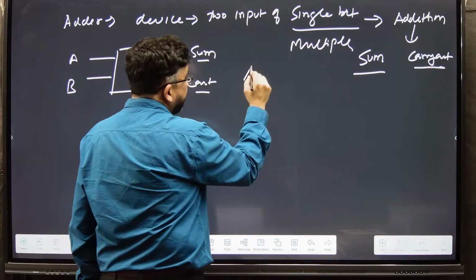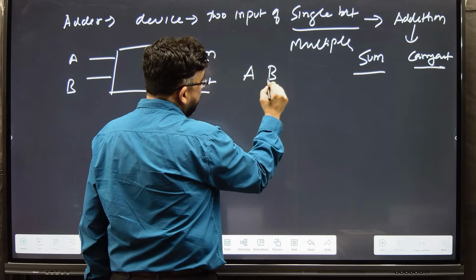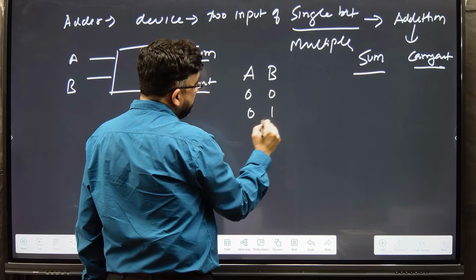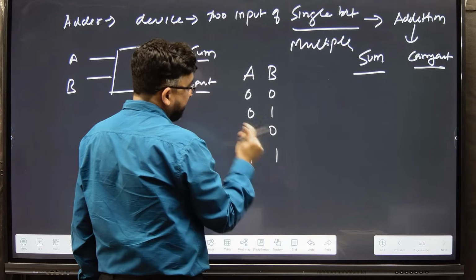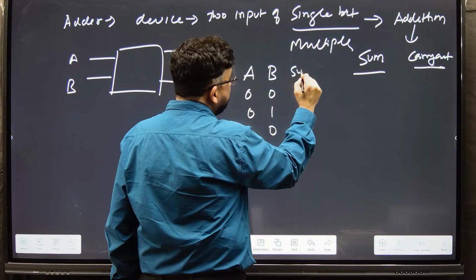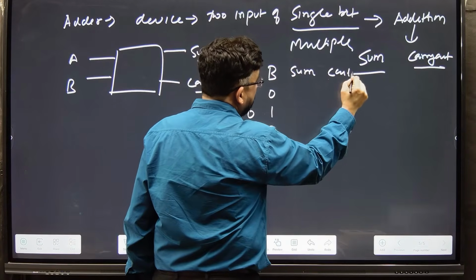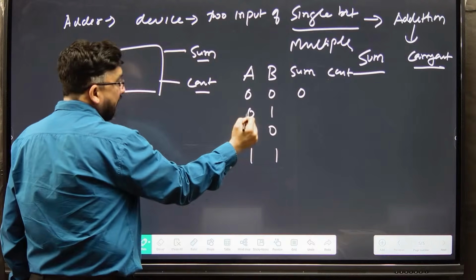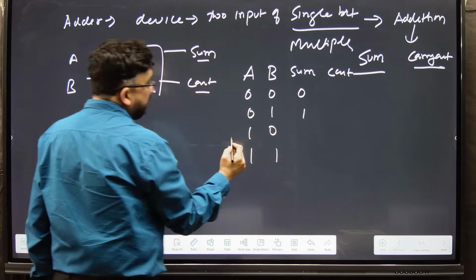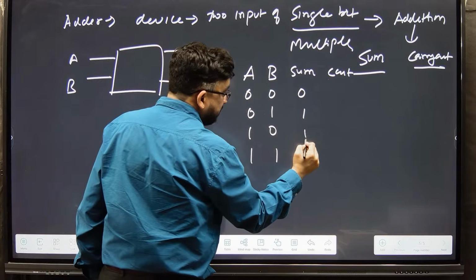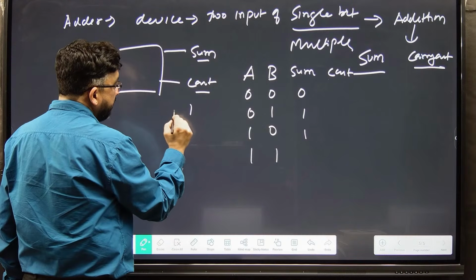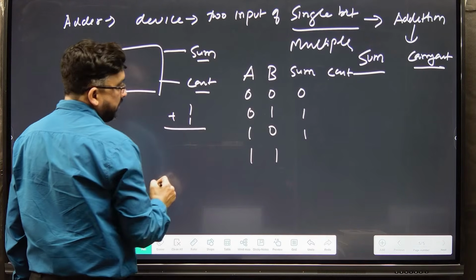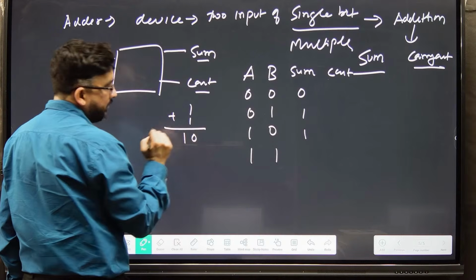So the inputs are 00, 01, 10, 11. This is my sum and this is my carry out. When you add 0 plus 0, this is 0. When you add 0 plus 1, this is 1. When you add 1 plus 0, this is 1. And when you add 1 plus 1, you say, sir, this is 0, 1.